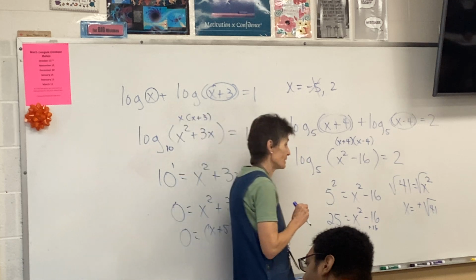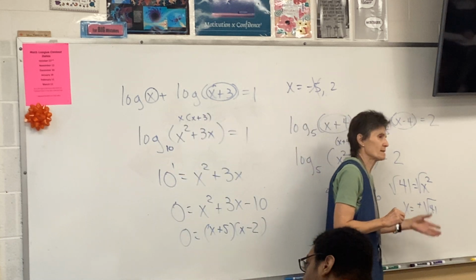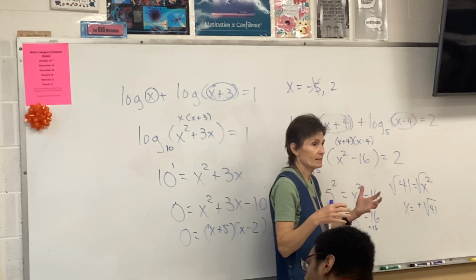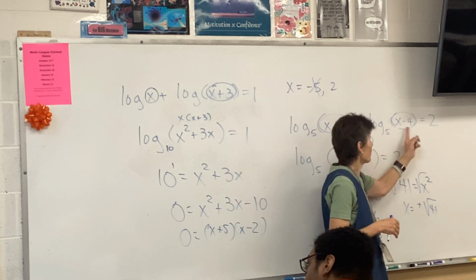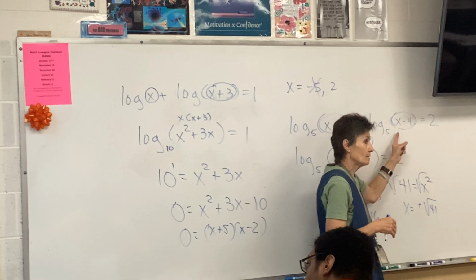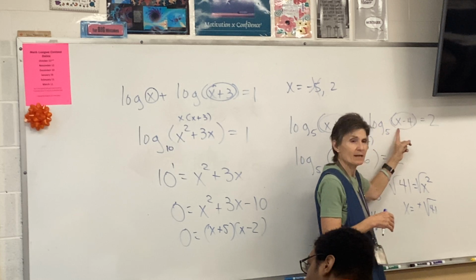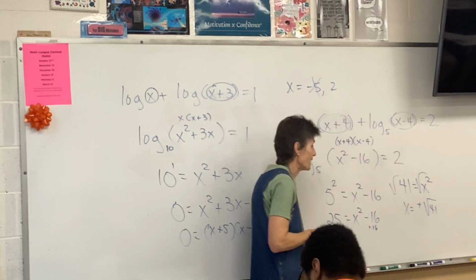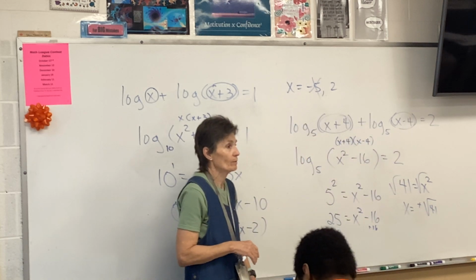If I use the negative, the square root of 41 is like 6 point something. So if I use negative 6 minus 4, this would be negative 10. I can't take the log of negative 10. You see what I'm saying? It ain't gonna work. So I gotta get rid of that negative, and the only answer is the square root of 41.